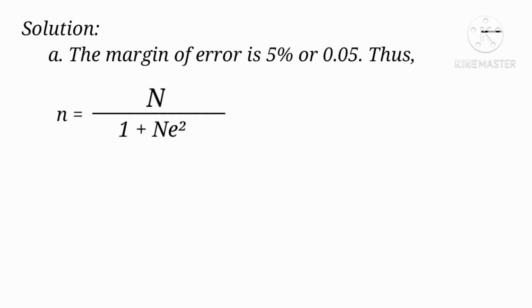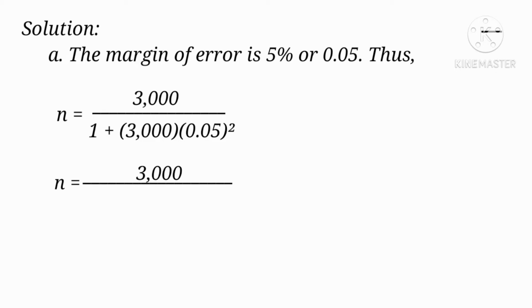So here's the solution for the margin of error at 5% or 0.05. Thus, we will use the Slovin's formula, which is n is equal to N, which is the number of population, over 1 plus Ne squared. So let's substitute the given values. For N, number of population is 3,000 over 1 plus 3,000 times the margin of error, which is 0.05 squared.